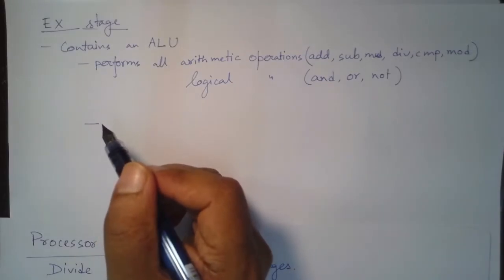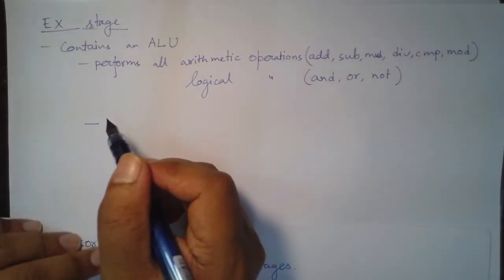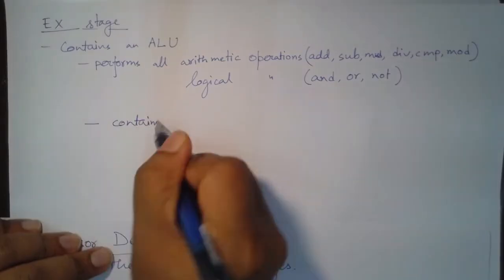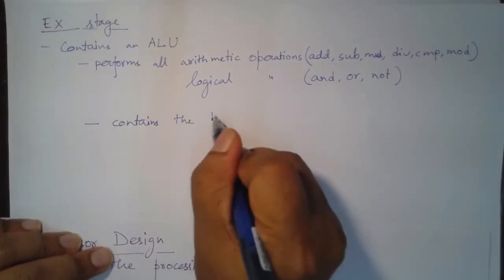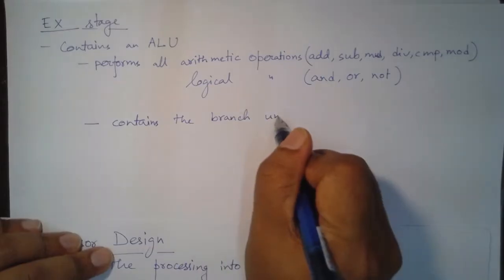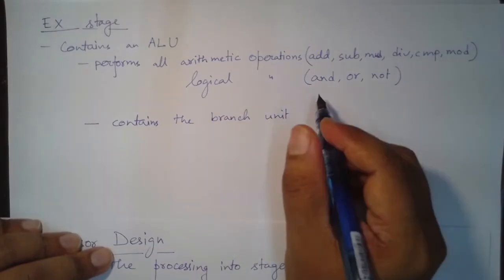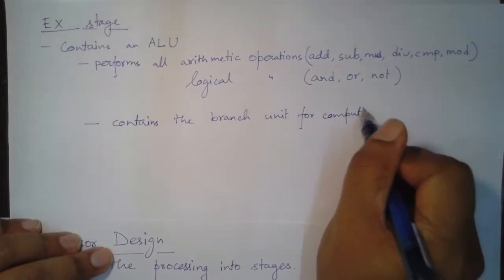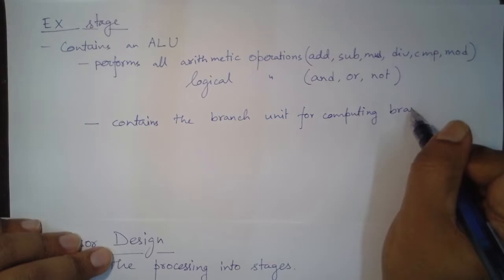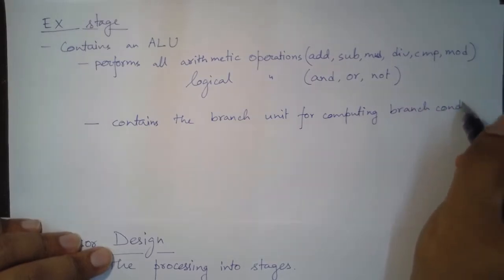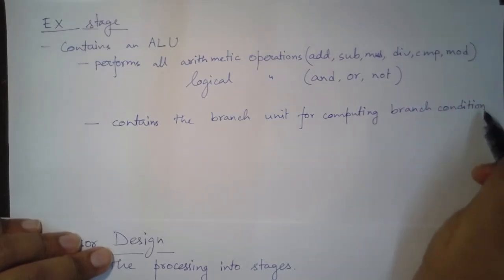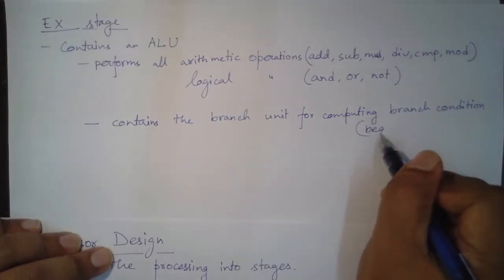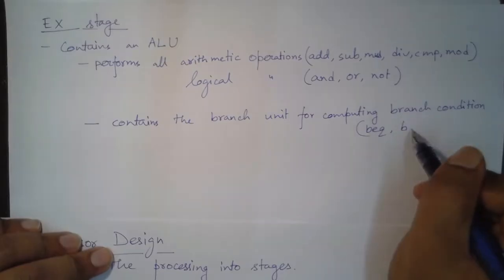So all these things are done in the execution stage, which contains the branch unit for computing branch conditions like BEQ or BGT.